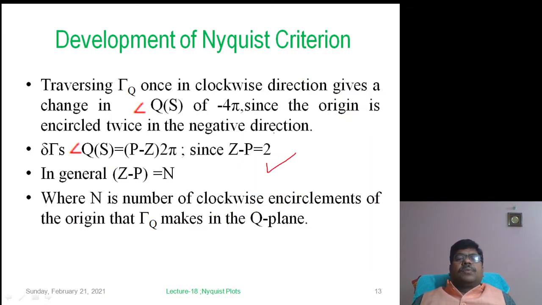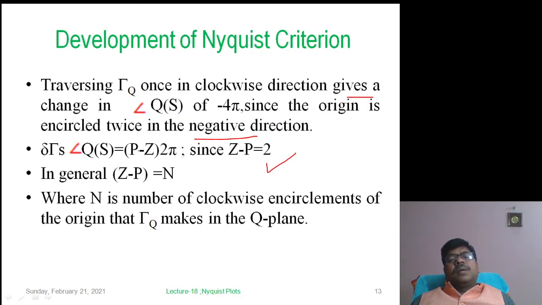So, the net angle contributed will be minus 4 pi. Traversing Q once in the clockwise direction gives a change in angle of minus 4 pi, since the origin is encircled twice in the negative direction.